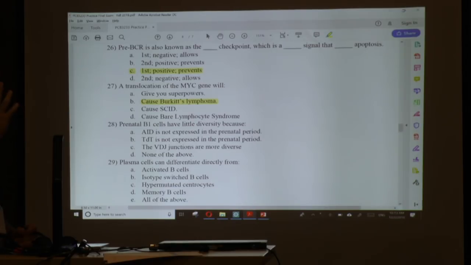My suggestion to you is there's not many diseases that you need to study because this is not like physio. So just make a list of, I think it's less than 10 diseases you need to know, and just write down the causes and what happens as a result, in the immunology aspect of things, right? This is one of those. Burkitt's lymphoma, MYC translocation. Yeah? Cool.